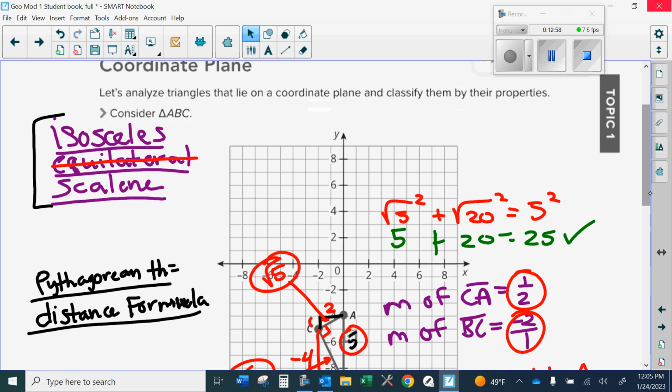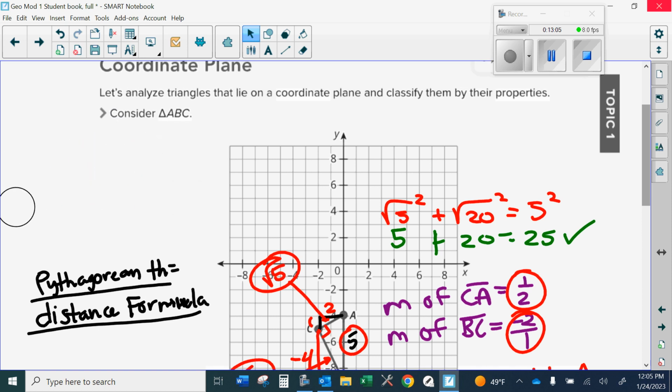So, you have isosceles, equilateral, or scalene. Scalene, no sides, zero sides congruent.